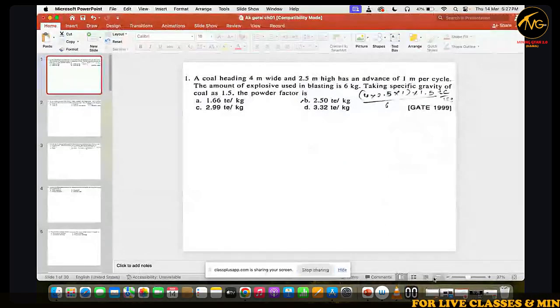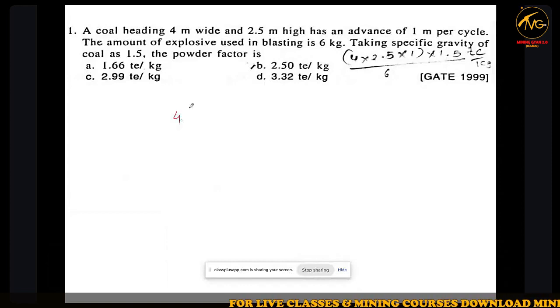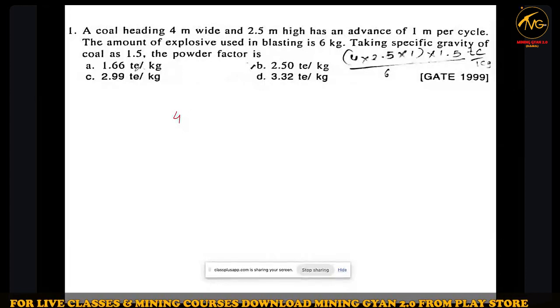So this is our question. So he has given us the heading. The volume weight. What is the powder factor?